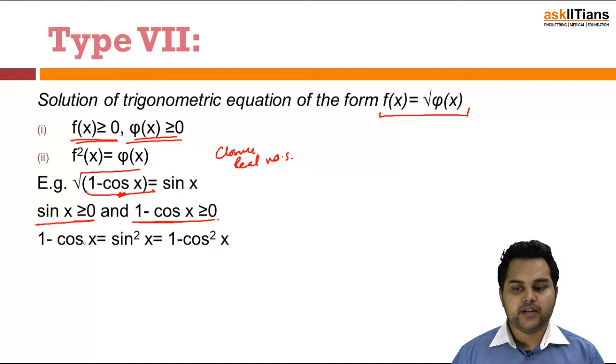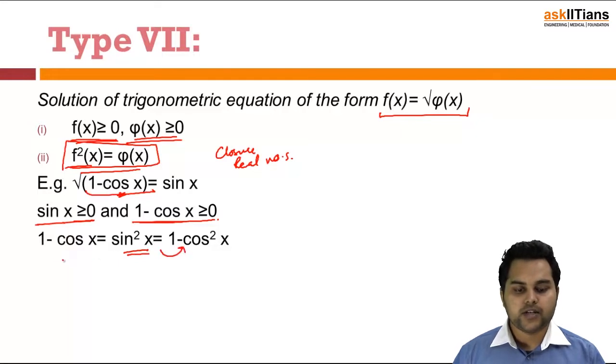Hence, if I square both the sides, as in the second step that we just discussed, squaring both the sides to get f square x is equal to phi of x, I get 1 minus cos x is equal to sin square x. Now sin square x can again be written as 1 minus cos square x.